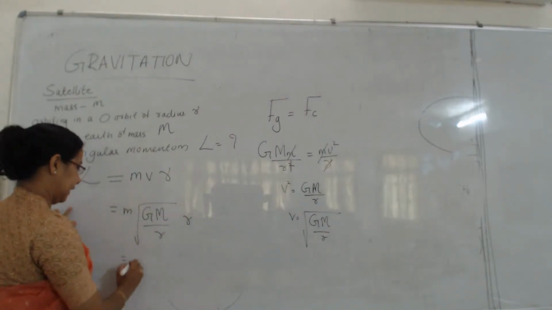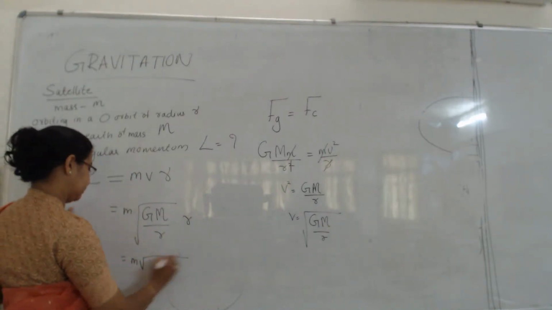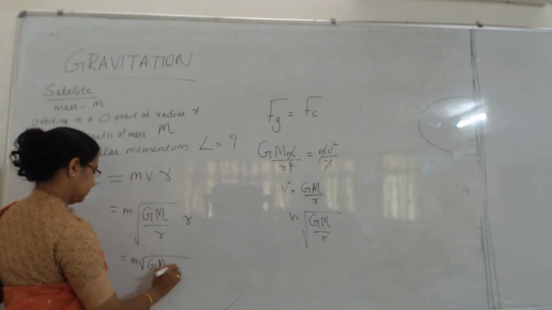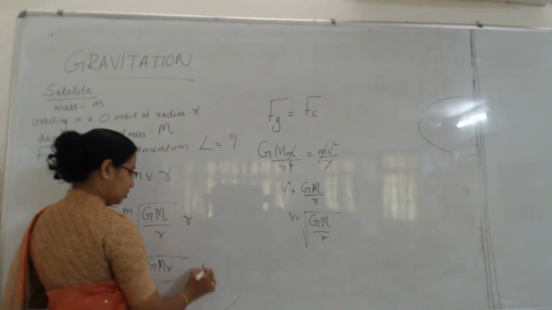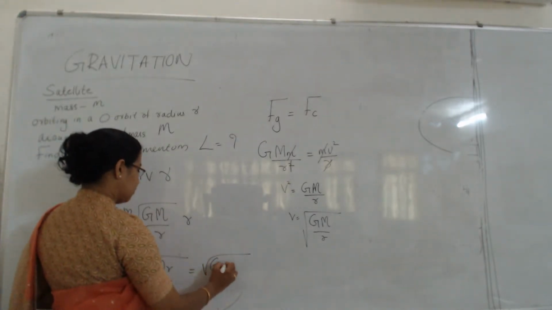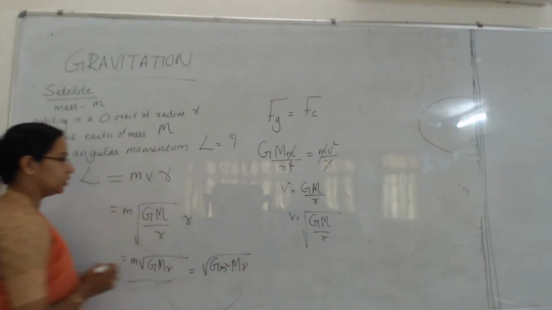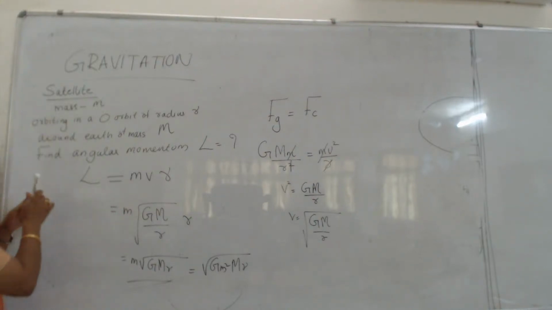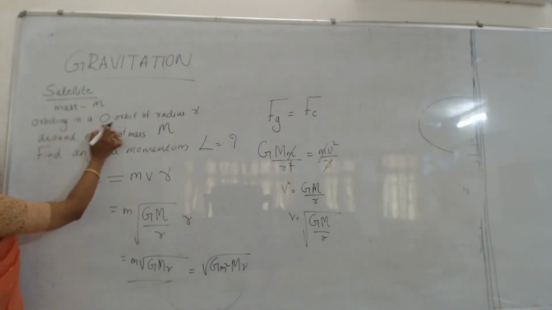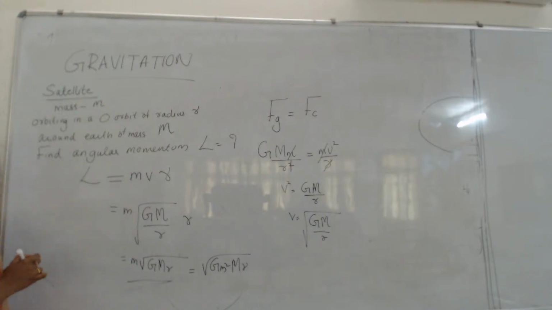That is m into root over GM by r into r. One r will get cancelled, that is m into root over GM r. Or if you want, they gave it inside the root, so we can write it as root over G m square M r. This is also correct. Remember the question: a satellite of mass m orbiting in a circular orbit of radius r around the Earth of mass M, find angular momentum.